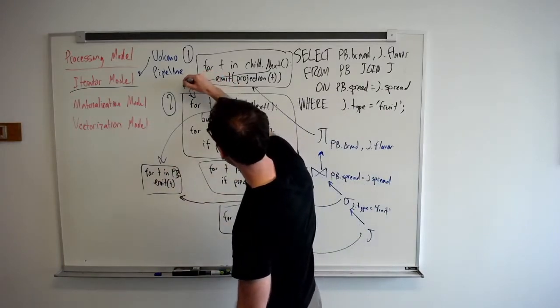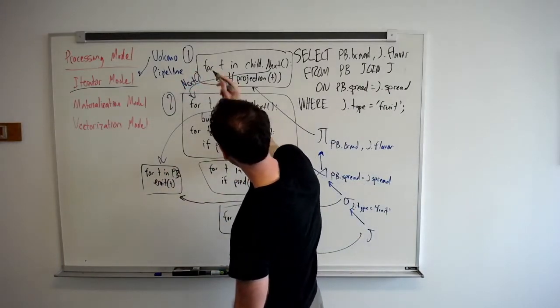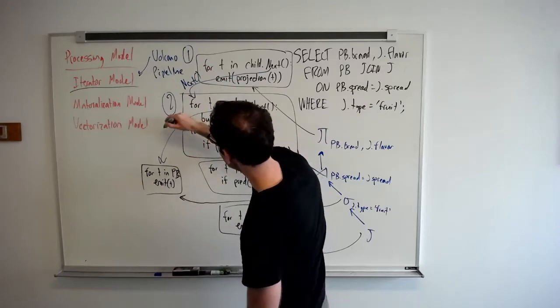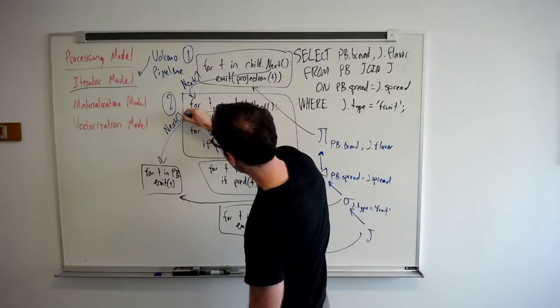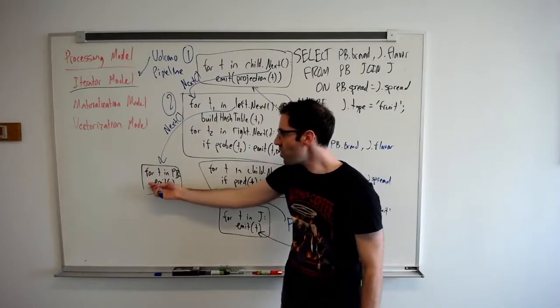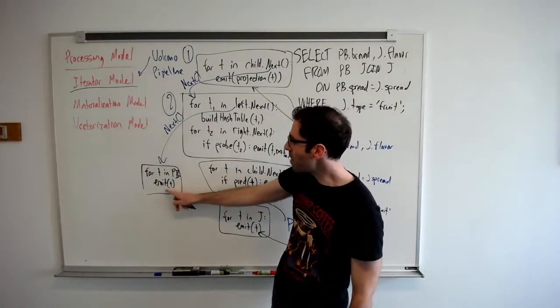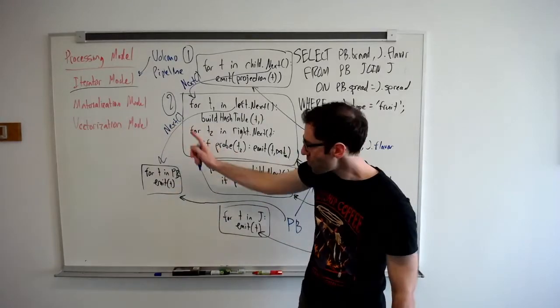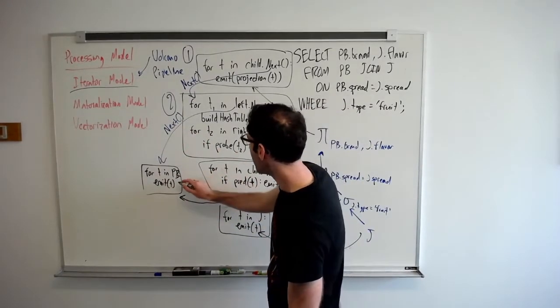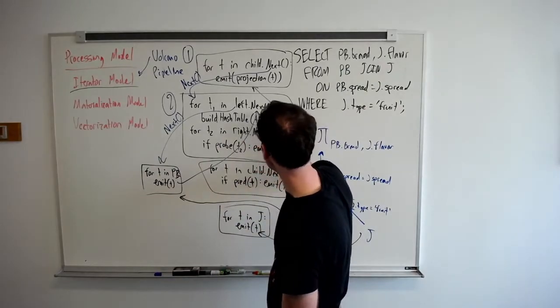So each of these arrows is a call to next. We call next on this child, and its next method emits one tuple back up. And so then we'll have a tuple going back up.